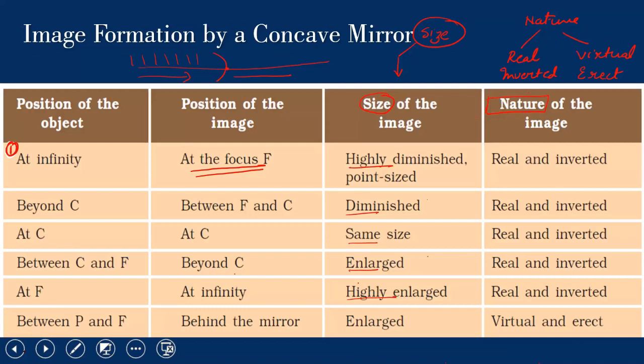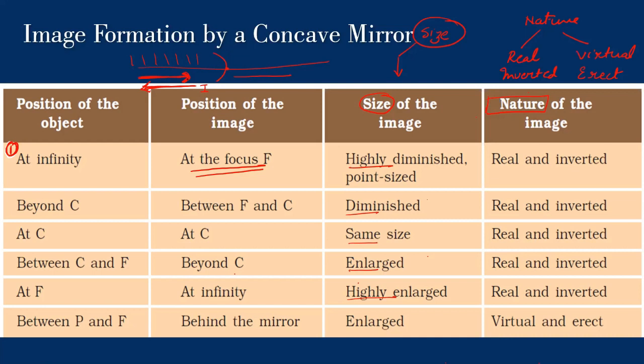So the image is going this way, and the object position is changing this way. The distance of the object from the mirror is decreasing. On the contrary, the distance of the image from the mirror is increasing.